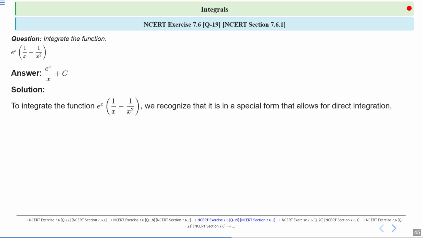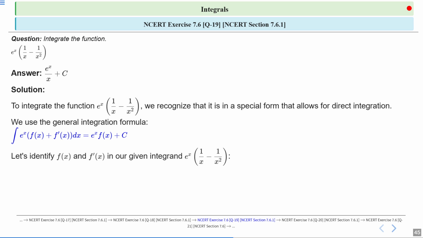Okay, so the solution, we can see it is in special form, so we directly apply the formula. So the integration of e^x into f(x) plus f'(x) dx is e^x into f(x) plus c. So identify f(x) and f'(x).